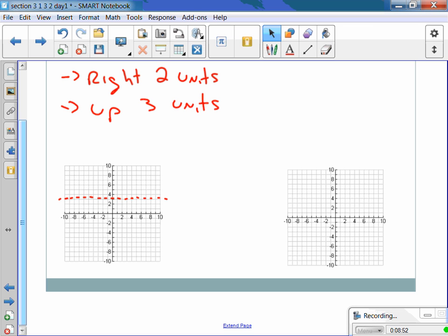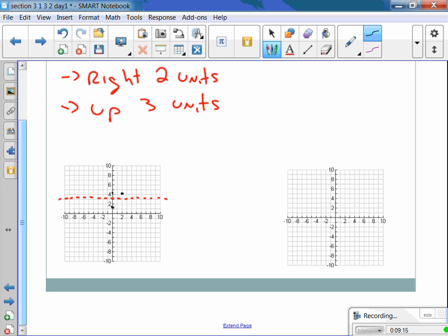And we went to the right 2 units. So what did that do to my y-intercept? It was at 0, 1 right here. First of all, we went up 3 units, that put us at 0, 4. Then we go to the right by 2 units, so my new intercept, if you want to call it that, is at 2, 4.